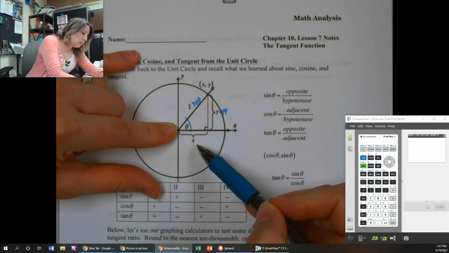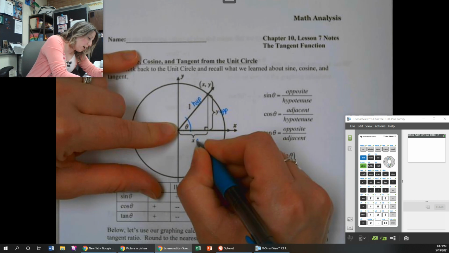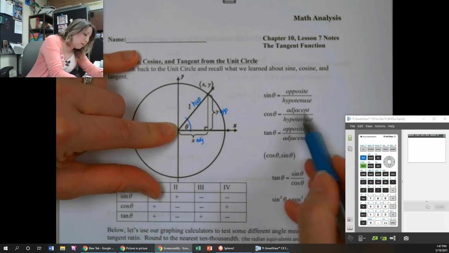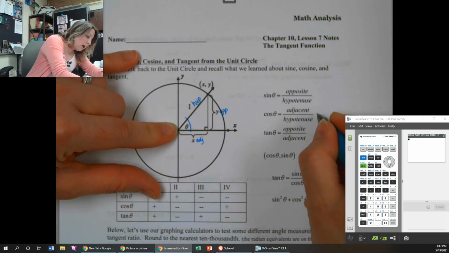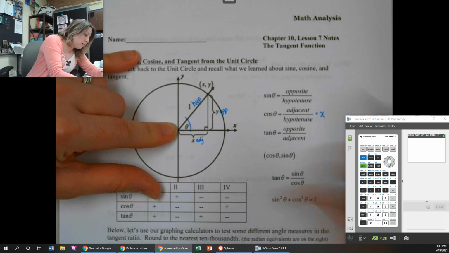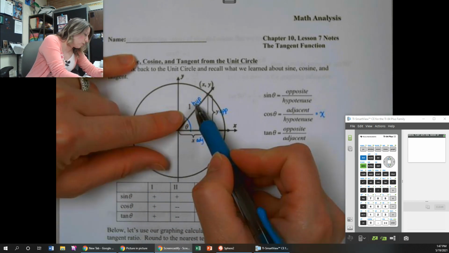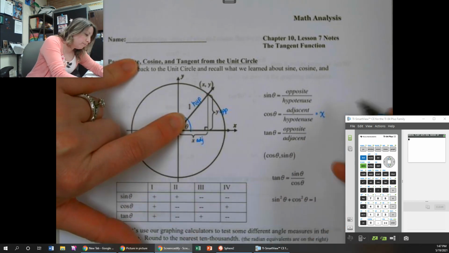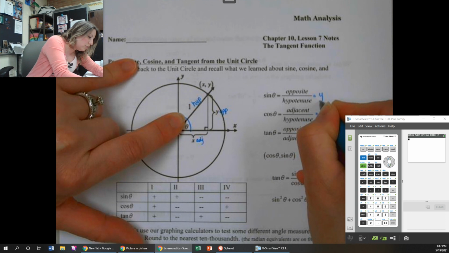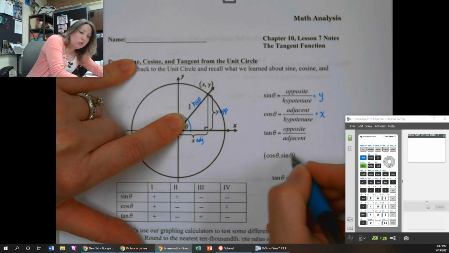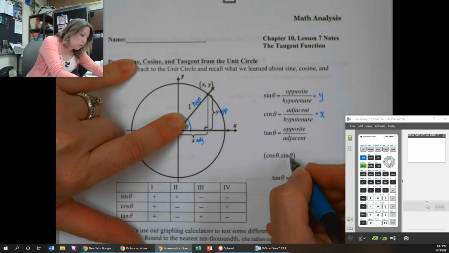Cosine is the adjacent side over the hypotenuse side. So cosine ends up being equal to my x value because adjacent side is right here over 1, which is my hypotenuse side.